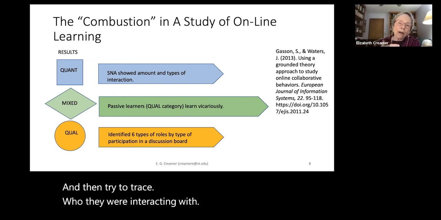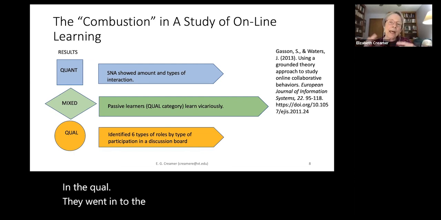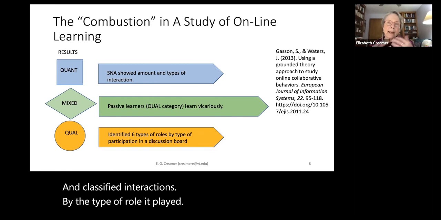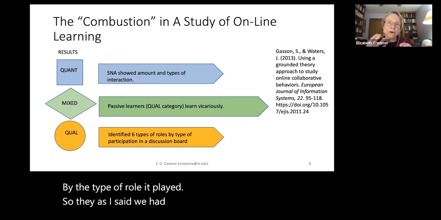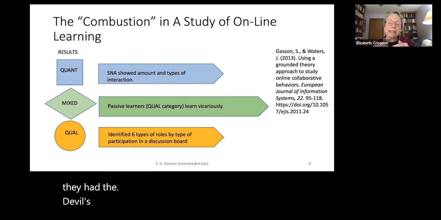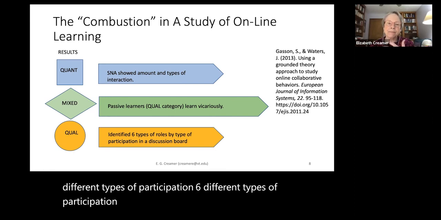In the qual, they went into the discussion board and classified interactions by the type of role they played. As I said, they had the thought leader, they had the devil's advocate. I think they identified 6 different types of participation with qual.